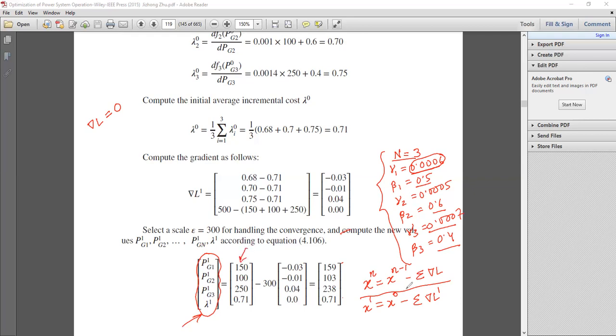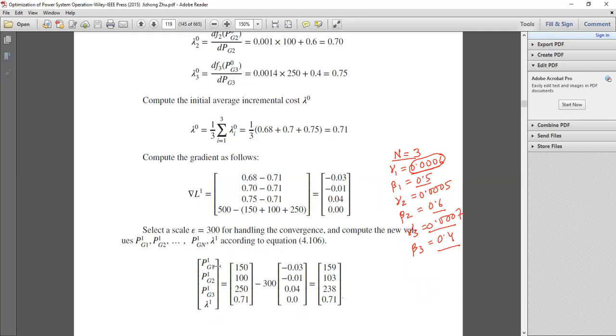These are x of naught, the first chosen values 150, 100, 250, which sum up to 500, and lambda naught, the averaged value calculated here, 0.71, minus 300, your epsilon, multiplied by del L1, which is available here. Once you calculate it, you will get something like this. So that is done. Very simple till now.